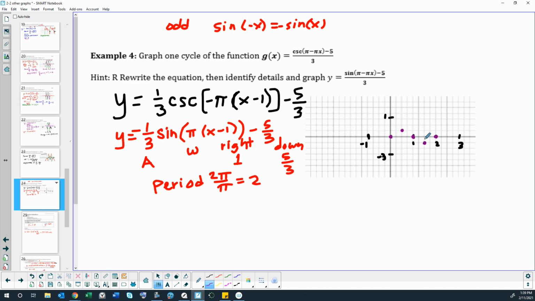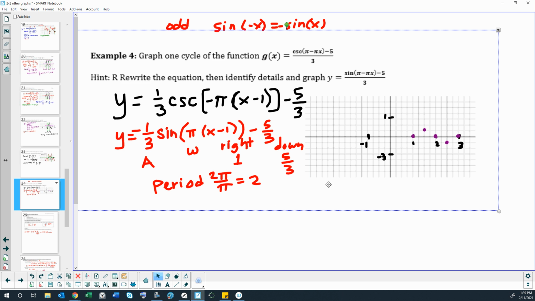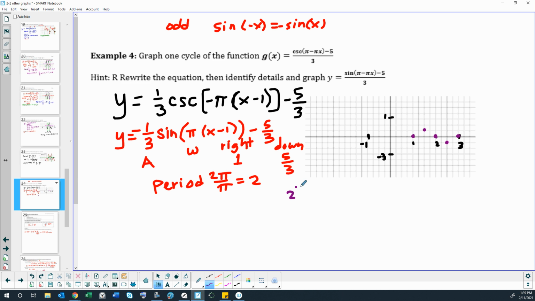Okay, what should we do next? We've scaled it vertically, we've scaled it horizontally. Now we need to worry about the shifting, perhaps. So we need to move this whole thing to the right one. I think, yeah, they're all going to move together. So those moving to the right one would be over there. Then we need to move down 5/3. So if you need to, you can think of that as 2 2/3.